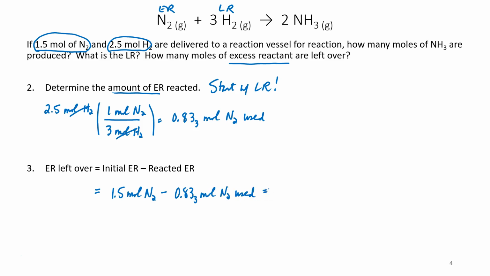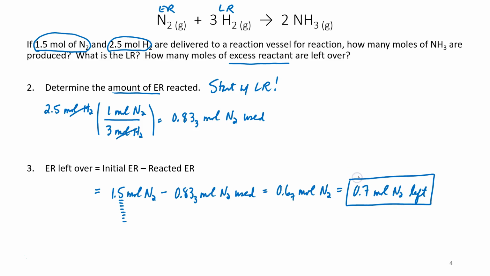And the difference is what we have left over. And I'm only going to need 1 decimal place, right? So I'm getting 0.67 moles of nitrogen left, or I would round that to 0.7 moles of nitrogen left. Again, that was our excess reactant.